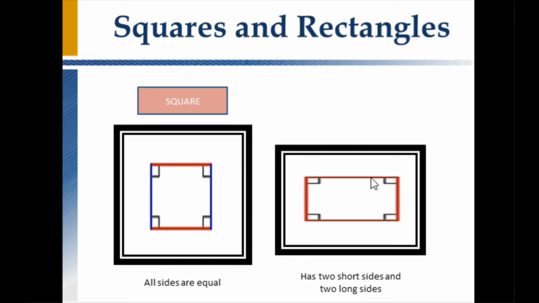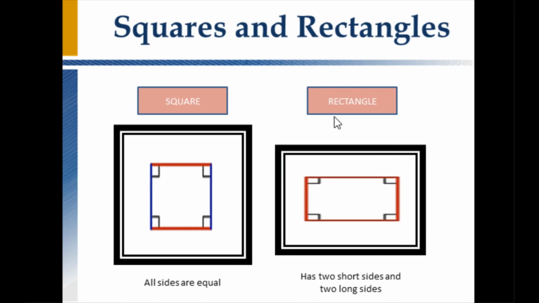In short, a rectangle has 2 short sides and 2 long sides, whereas a square has equal sides.